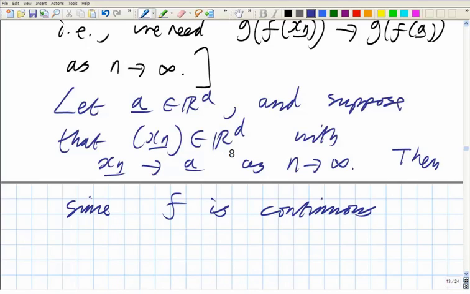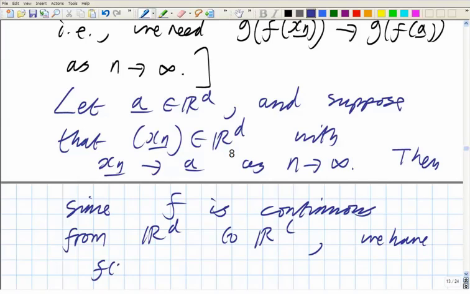Since f is continuous from R^d to R^l, we know that the f of the limit is equal to the limit of the f values. In other words, f of x_n will tend to f of a in R^l as n tends to infinity.